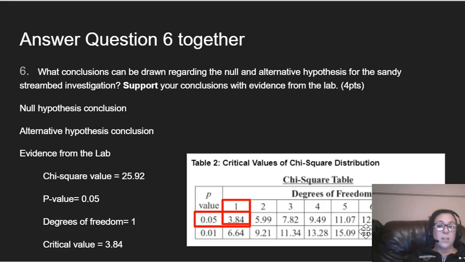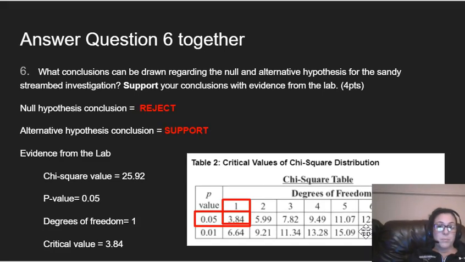So when you're answering number 6, the null hypothesis is rejected. That means that we support the alternative or the working hypothesis. Remember, we cannot say that we've proven anything. We haven't. Data can support something or reject it. It can never prove.